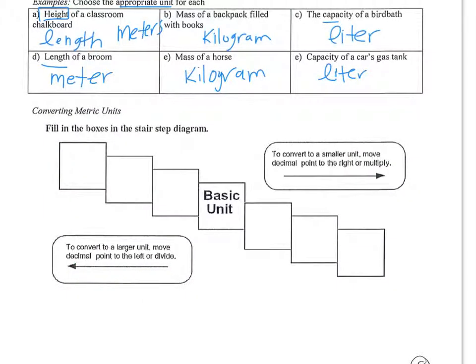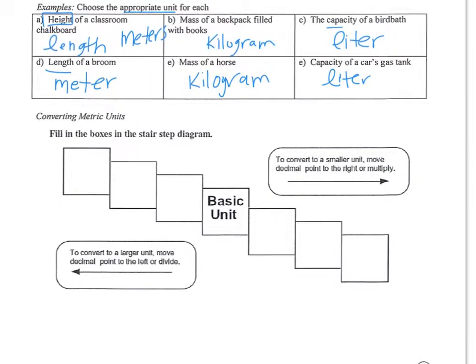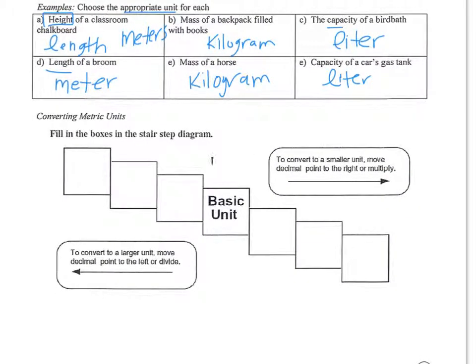The nice thing about the metric system is the basic unit would be the meter for length. It would be a gram for mass, or if you lift something up, how much does it weigh? And it would be a liter for the volume, the amount of space it takes up.